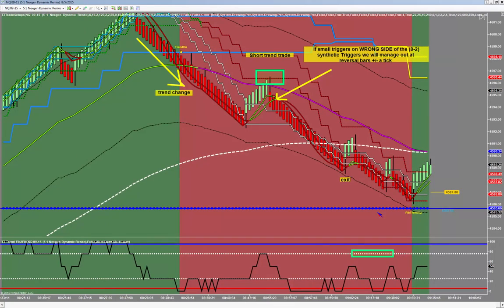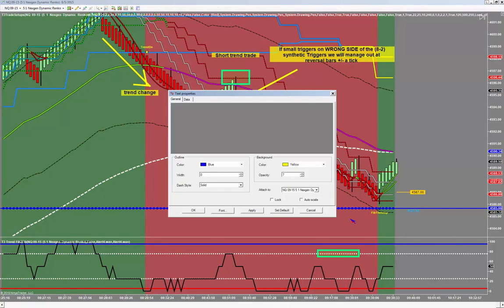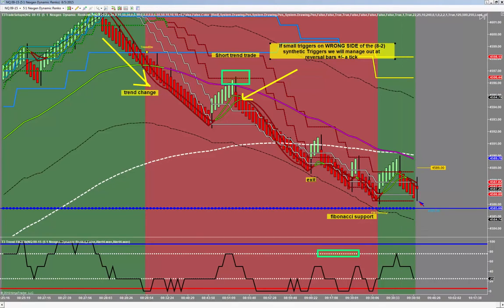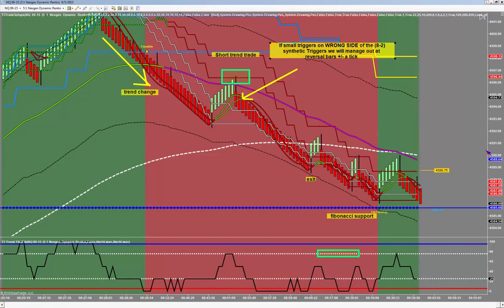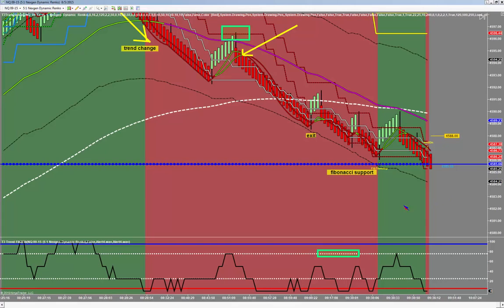All right, so now look what happened. We have gotten to basically the target for a short trade, right, which is getting to Fibonacci support. Now we have to see what's going to happen, right? What do we need to see in order to start thinking about long trades, right? Which we can't think about yet, can we? Why can we not think about long trades?